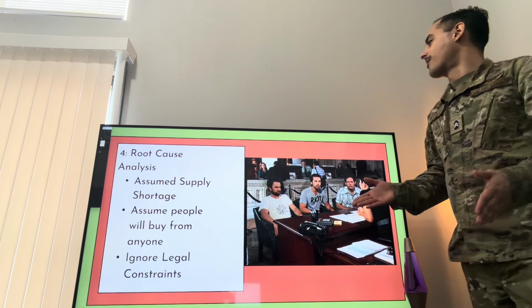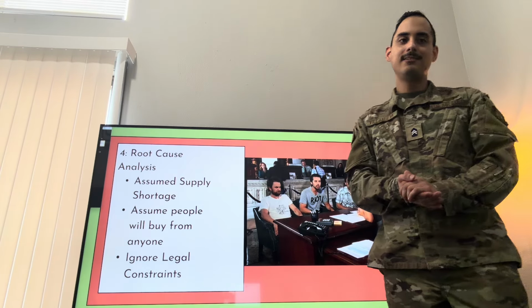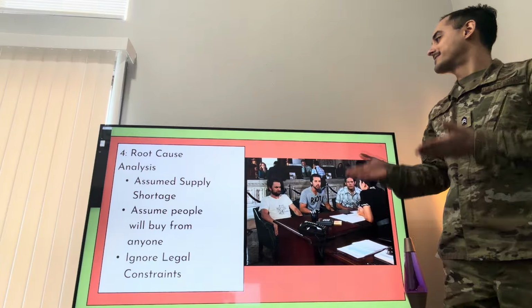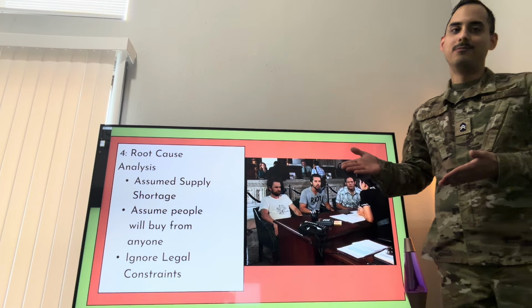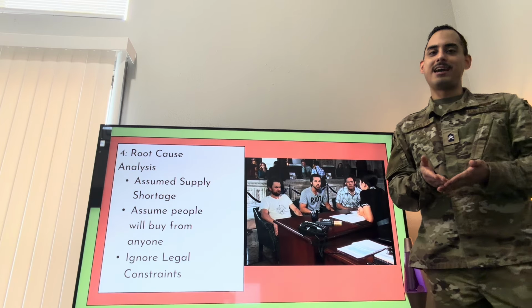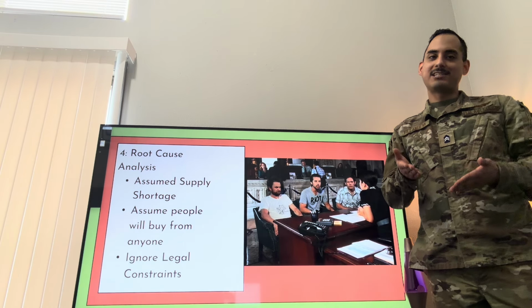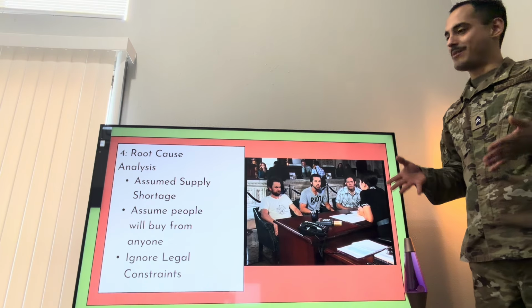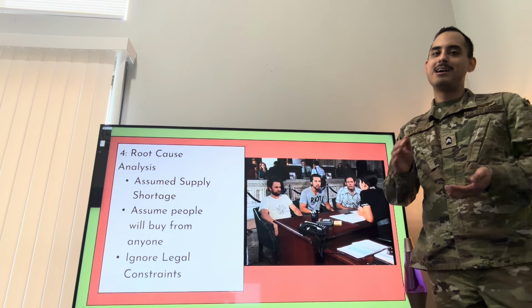For step 4, root cause analysis. So this is where we really get to break down the problem. The gang assumes that there is a gas supply shortage, and they also assume that people will buy gas from anyone as a result of this.